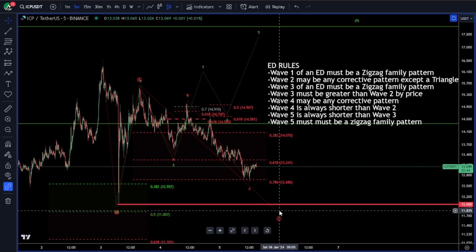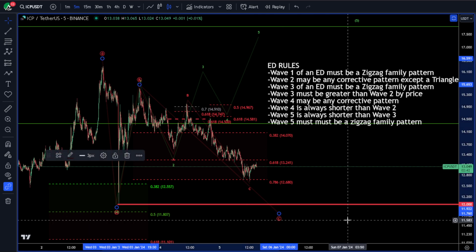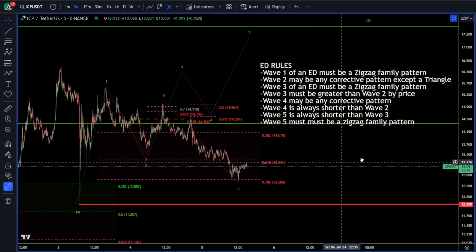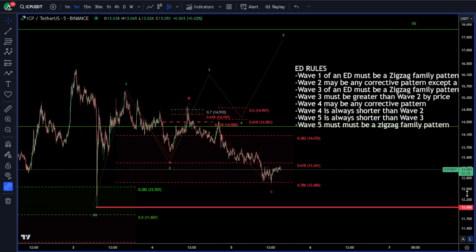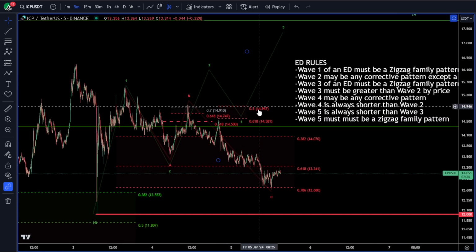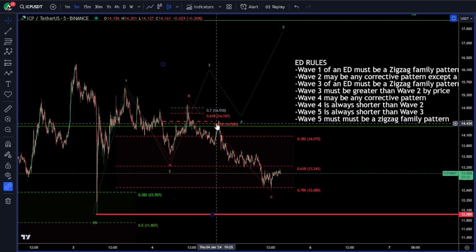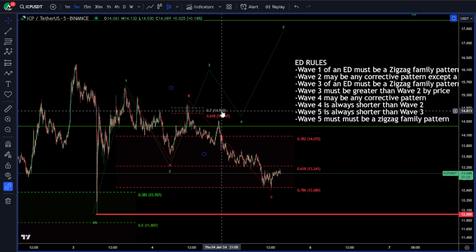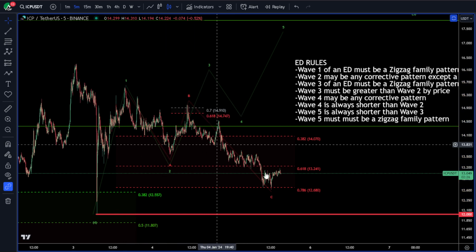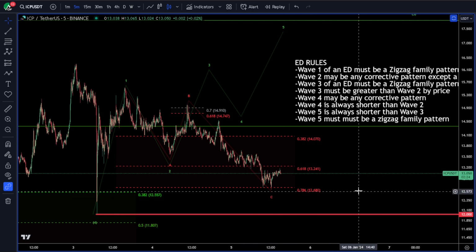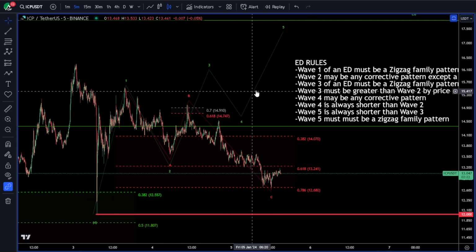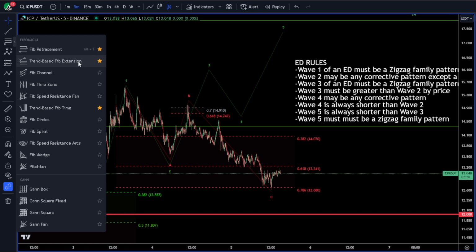So we'll do that now. Get rid of some stuff here. You can see that we got our flat ABC if we are complete here, and we'll pull our new pivots.